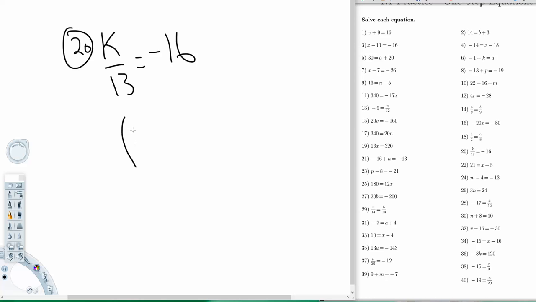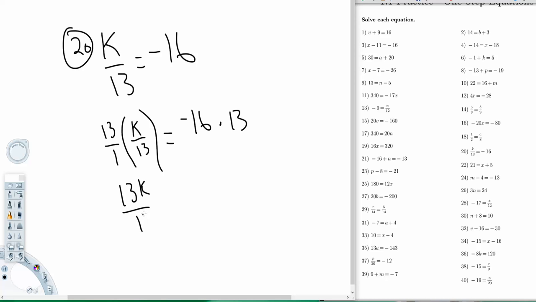So let's rewrite this. k over 13 times 13 over 1. Remember, 13 is really 13 over 1, minus 16 times 13. That looks good. And if we do the math quickly, we get 13k over 13 equals minus 16 times 13.